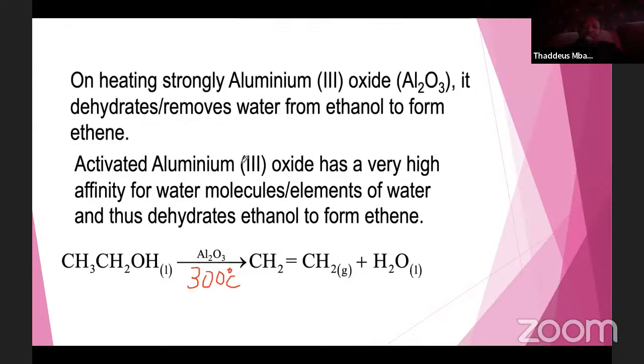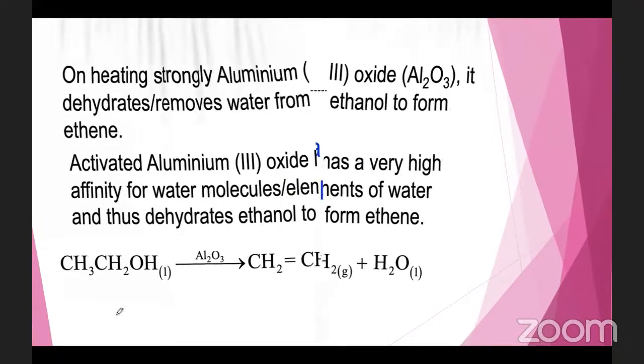Have you got that? Dehydrating using sulfuric acid, we use a temperature of either 160, 170, or 180. But dehydration using aluminum oxide, the temperature is 300 degrees Celsius, and aluminum oxide is a solid.